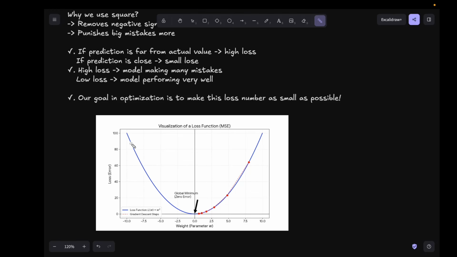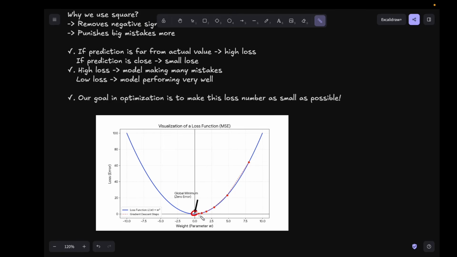We discussed this briefly in our previous session, calculus for machine learning. We give a basic idea in this session. This is the loss function curve, and if we throw a ball, it goes step by step.